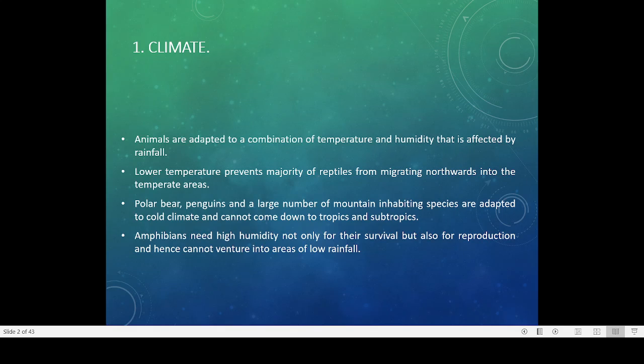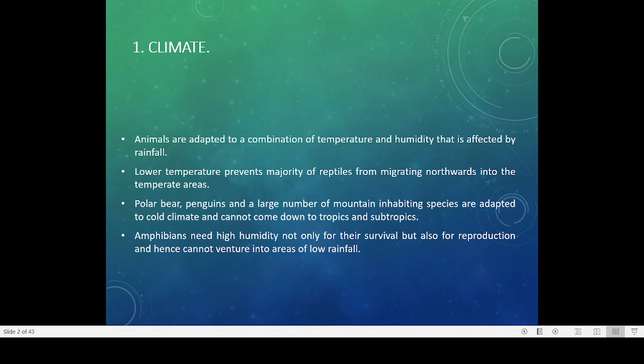Then what will happen? The reptile cannot function properly. That is why we cannot find a large number of reptiles in colder, temperate countries like those in Europe. That is a very good example.